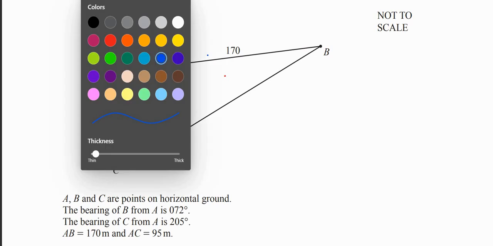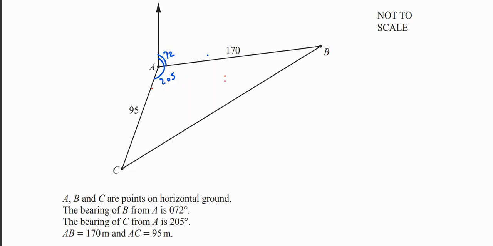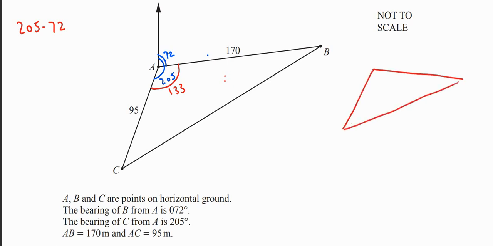So if I only want to find this part, it's going to be 205 minus 72, which is 133. So let me make this diagram over here. A, C, B, 95, 170, and this becomes 133.